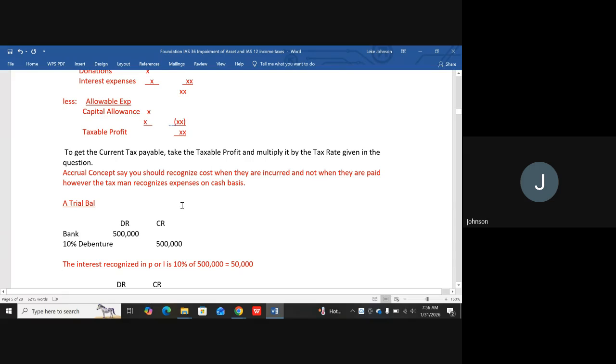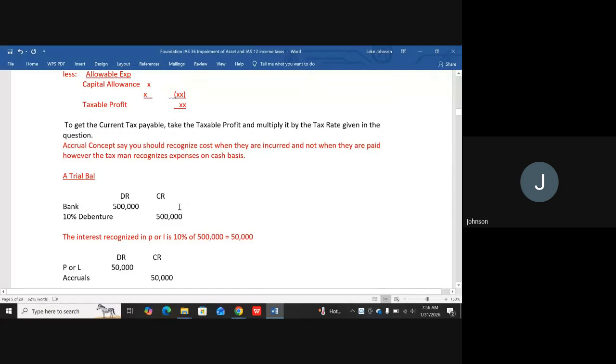The taxman doesn't allow it because the taxman calculates taxes on a cash basis, whereas we, the accountants, calculate on an accrual basis. Even in government, they do cash basis. They only recognize expenses when cash is involved. If cash is not involved, they don't recognize an expense.